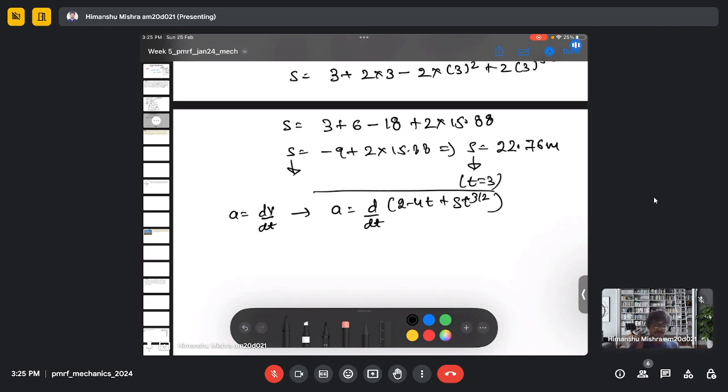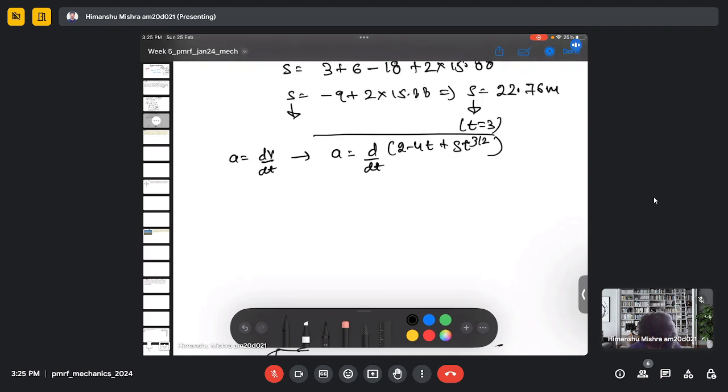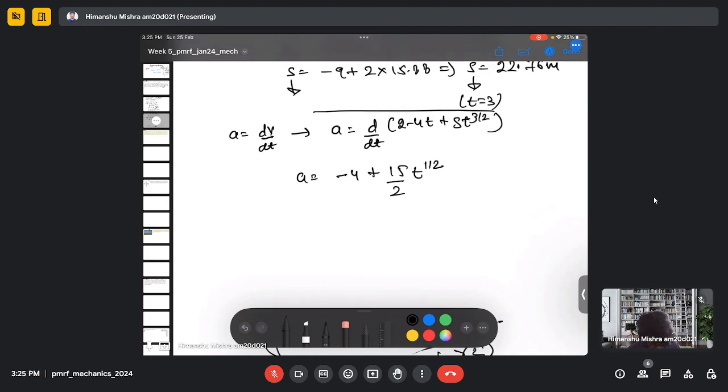So to calculate the acceleration, we just need to differentiate the velocity expression. So it will be a equals minus 4 plus 15 by 2 t^(1/2). So acceleration at time t equals 3 will be minus 4 plus 15 by 2 times 3^(1/2).